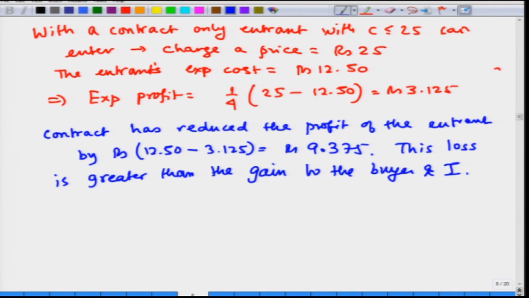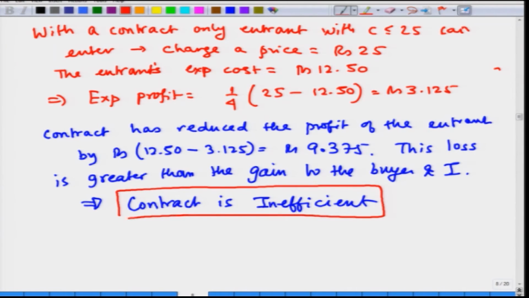So, what the entrant loses is more than the gain to the buyer and the incumbent, which essentially means that the contract is inefficient, right. So, the contract is inefficient.